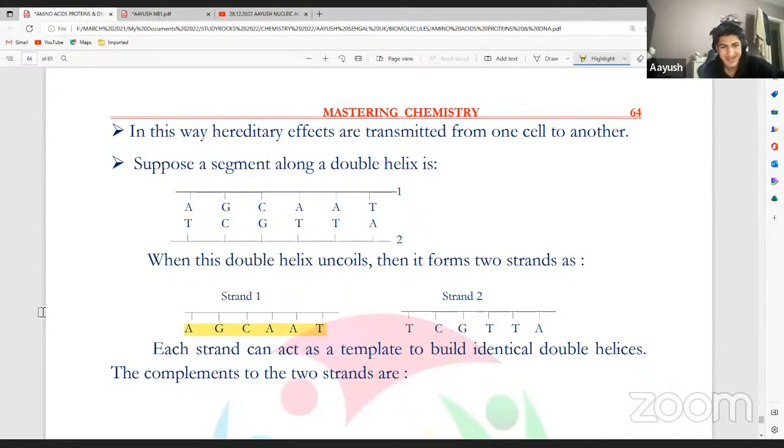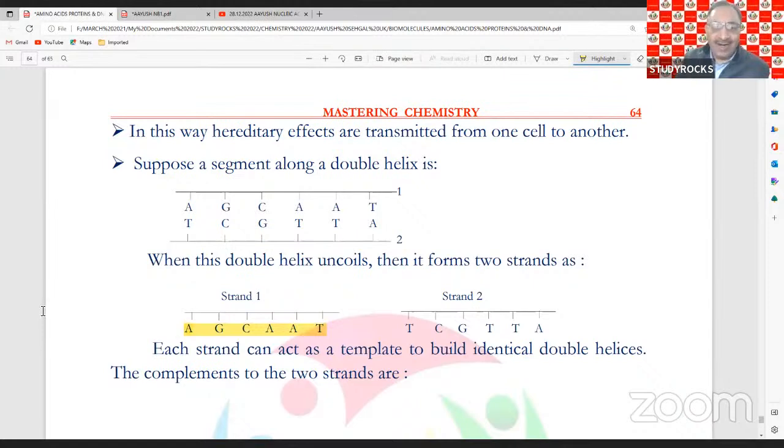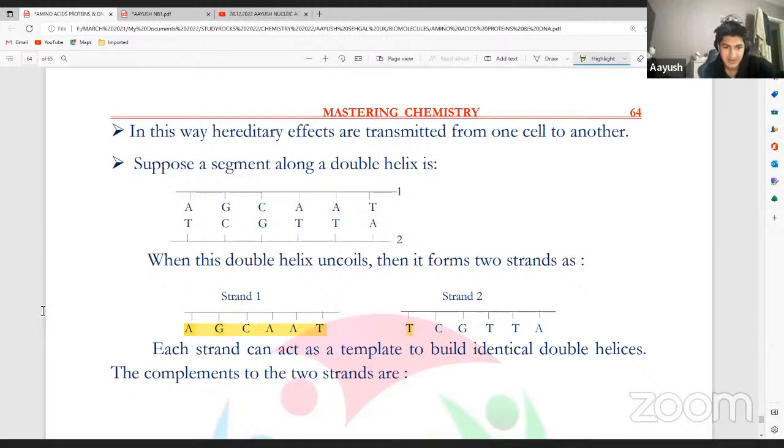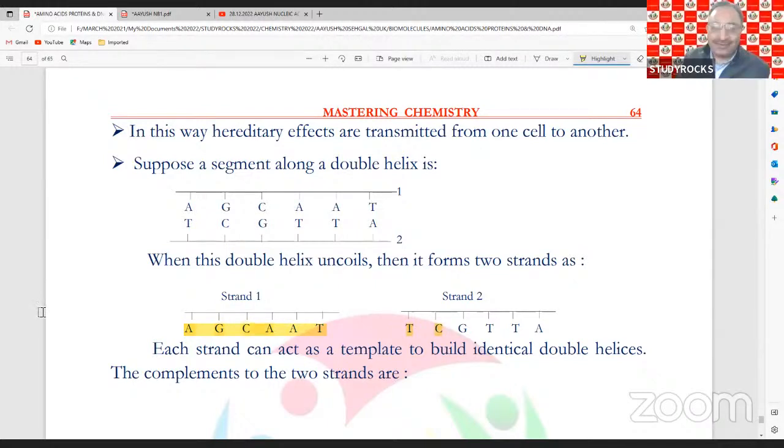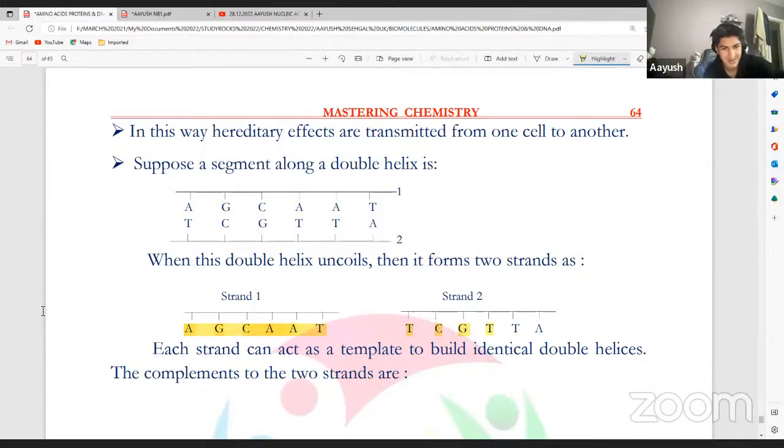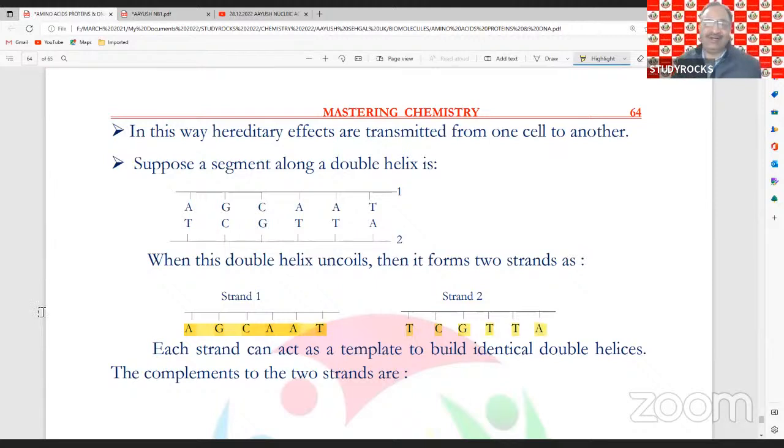Such a simple thing. On adenine, you put thymine. On guanine, you put cytosine. On cytosine, you put guanine. On thymine, you put adenine.